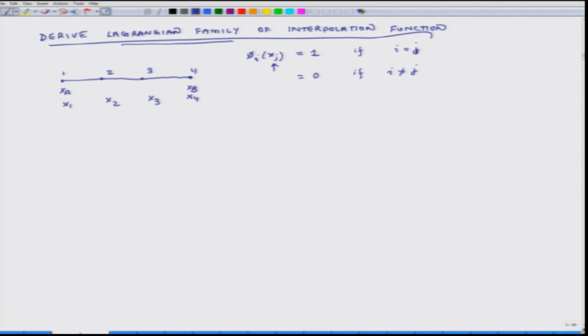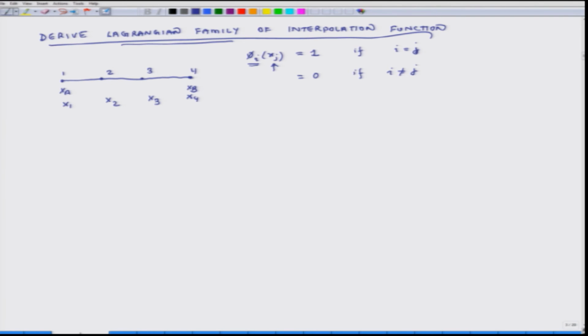What does this mean? Suppose I am developing an approximation function phi 1, then the value of phi 1 at first node will be 1 and it will be 0 at node 2, node 3 and node 4. The value of phi 2 will be 1 at node 2, it will be 0 at node 1, node 3 and node 4. The value of phi 3 will be 1 at node 3 and 0 at node 1, node 2 and node 4.